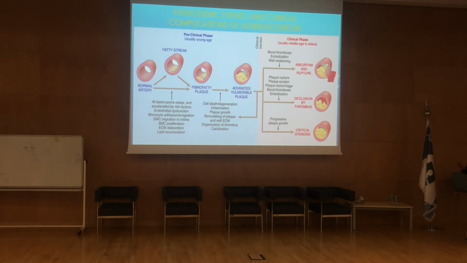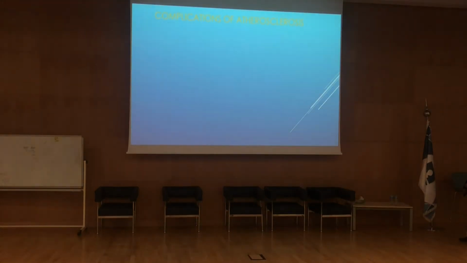So here, it can cause aneurysm, and they can rupture, or this ulceration or fissuring can cause thrombosis, occlude the artery and cause myocardial infarction, or critical stenosis, as I said, unstable. Now we have complications of atherosclerosis. What are those?